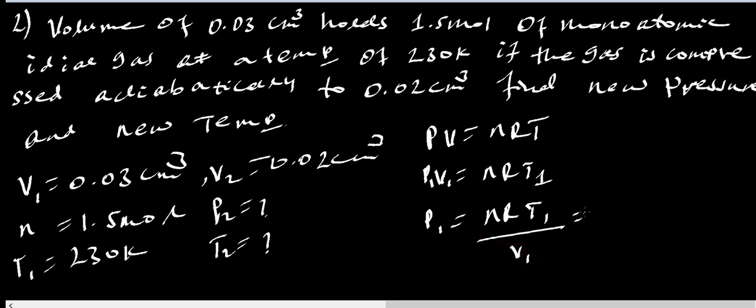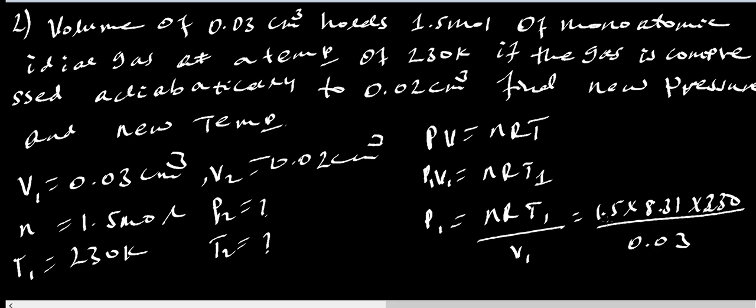This equals n, which is 1.5, times the gas constant 8.31, times 230, divided by V1, which is 0.03.